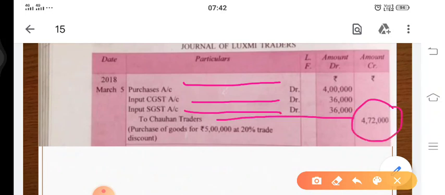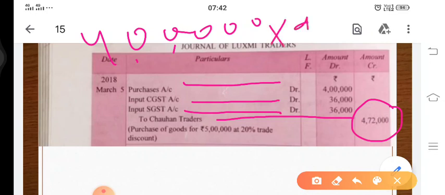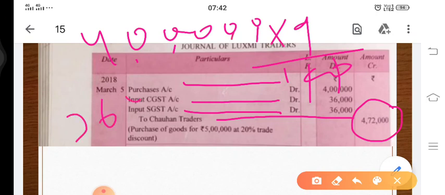Now let's check the amount. As we already have discussed, the purchase amount is 4 lakh. Now on this 4 lakh, we have to charge 9% CGST and 9% SGST. That comes to 9 4s are 36, that means 36,000 will be the amount of CGST and 36,000 will be the amount of SGST.